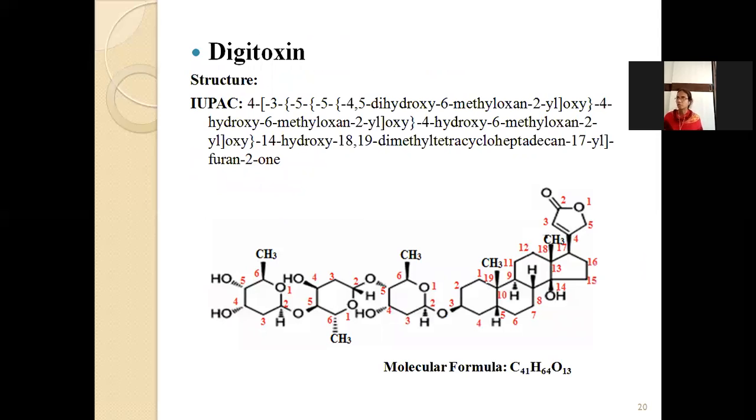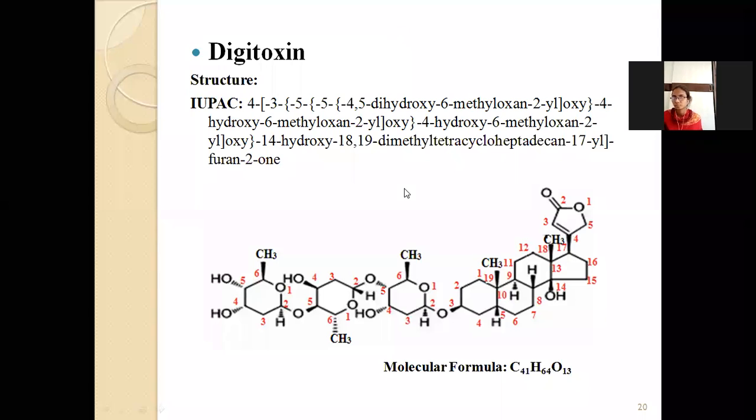Next, digoxin. This is the structure of digoxin, and if you see the IUPAC name: 4,5-dihydroxy-6-methyloxan-2-yl oxy, and here 4-hydroxy-6-methyloxan-2-yl oxy, 4-hydroxy-6-methyloxan-2-yl oxy, 14-hydroxy-18,19-dimethyltetracycloheptadecan-17-yl furan-2-one.